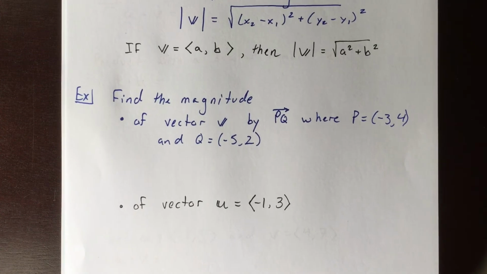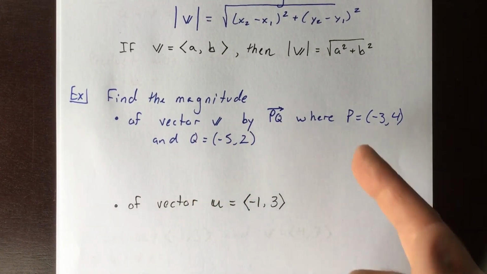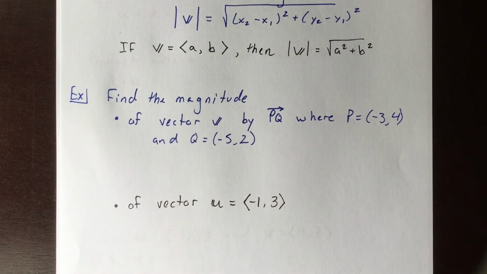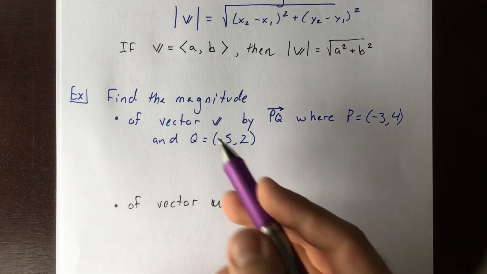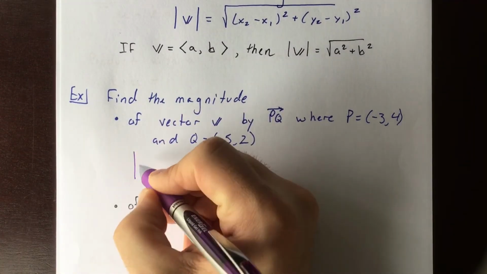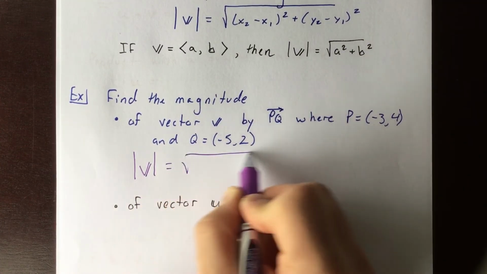I have two examples here. Find the magnitude of a vector v given by P to Q, where P is negative 3, 4, and Q is negative 5, 2. So it's distance formula. I want to find the magnitude of v. We square root.